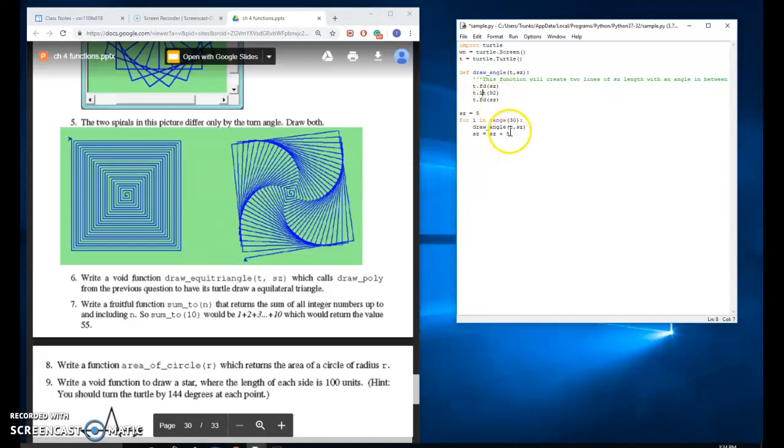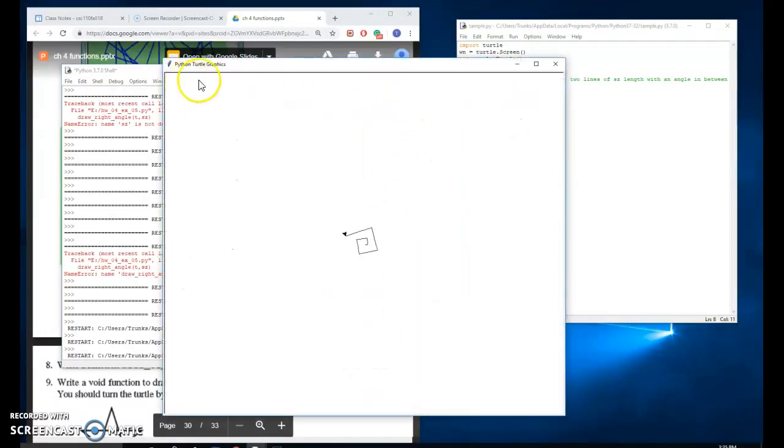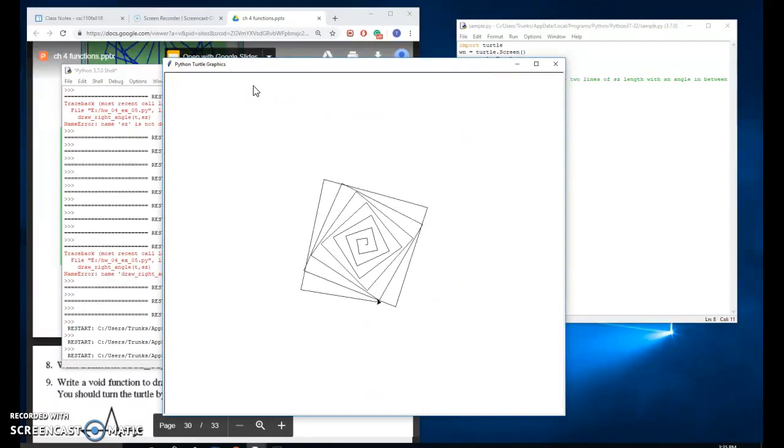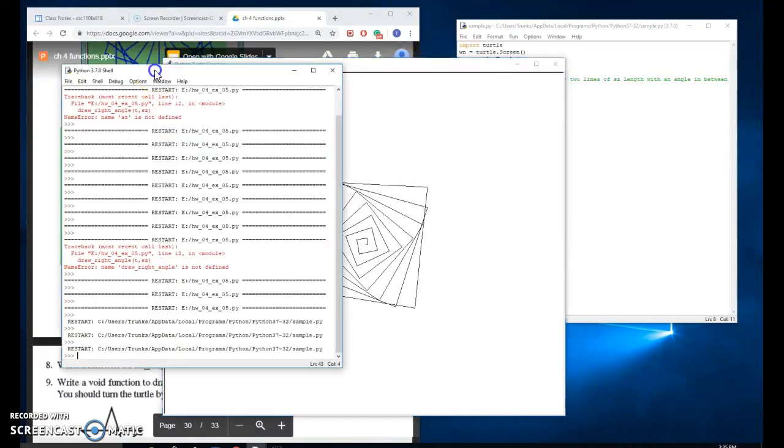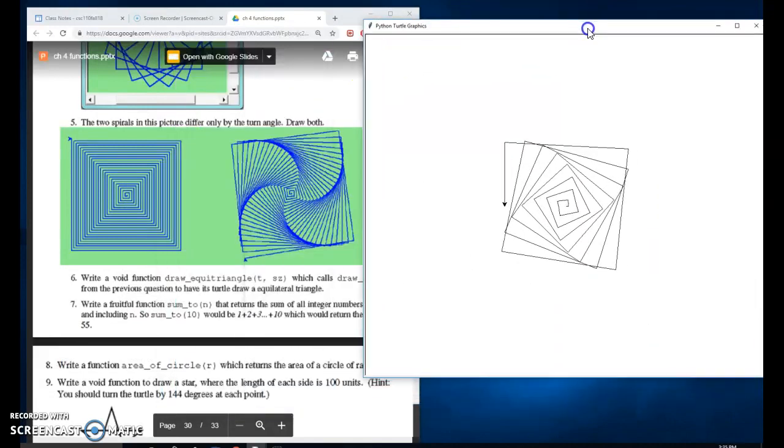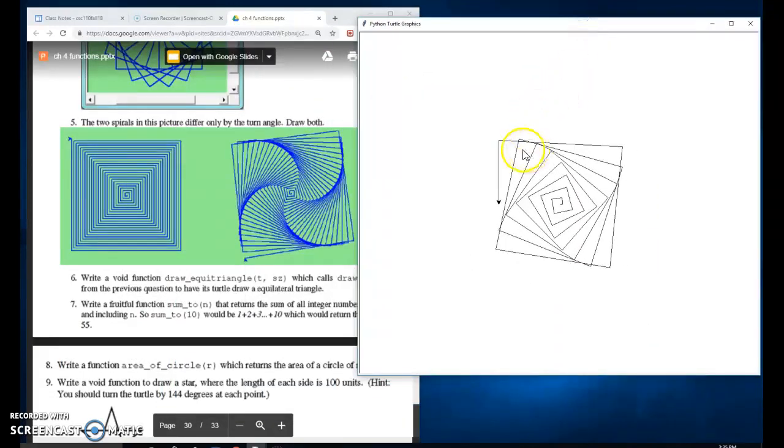Actually, no, I'll keep the size the same, but change the angle a little bit, just to see if there's any noticeable difference. Yeah, I can sort of see it now, since this is the wave right here.